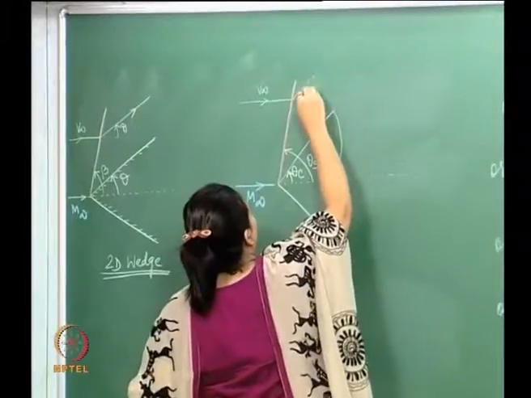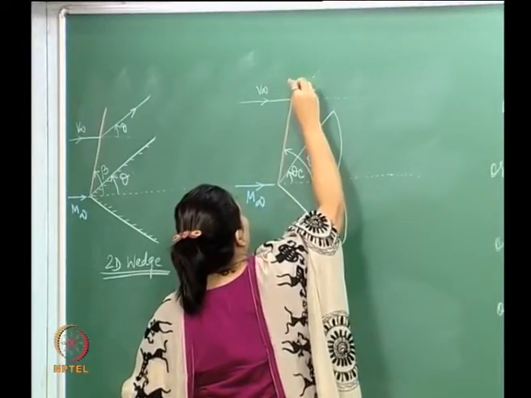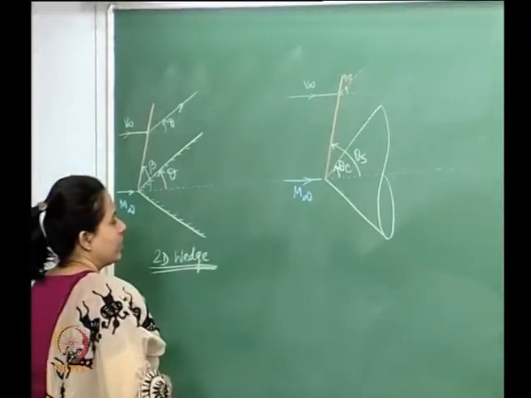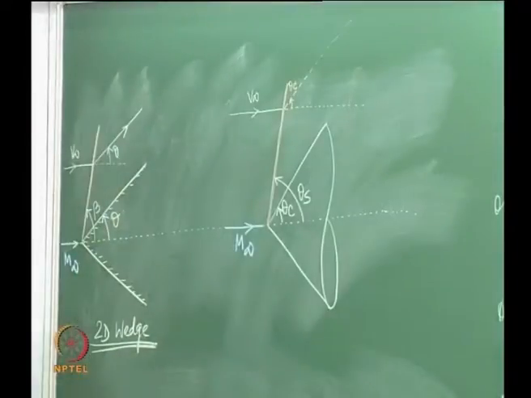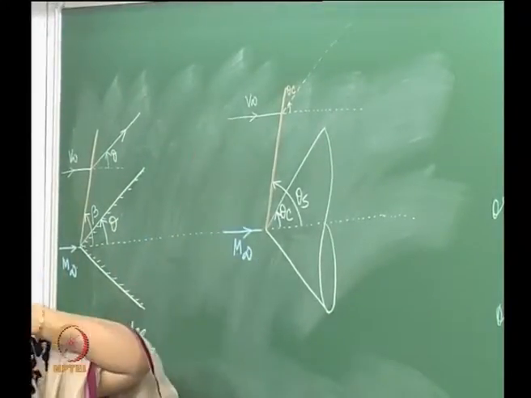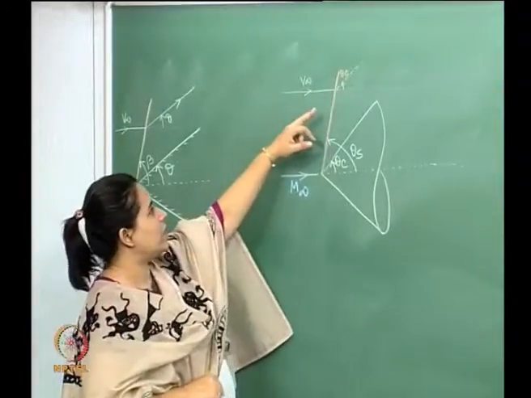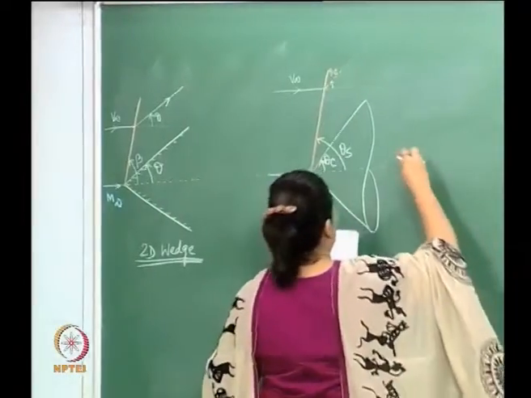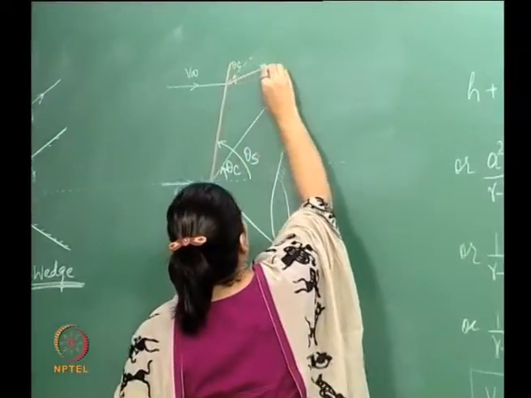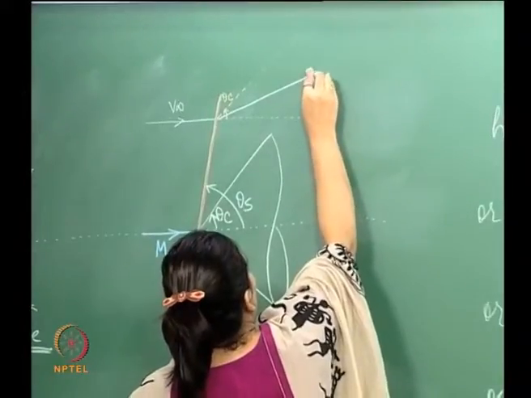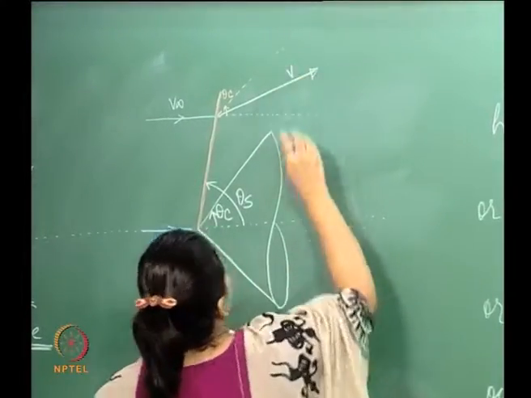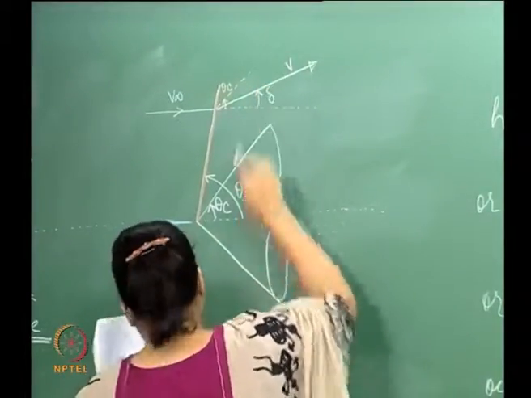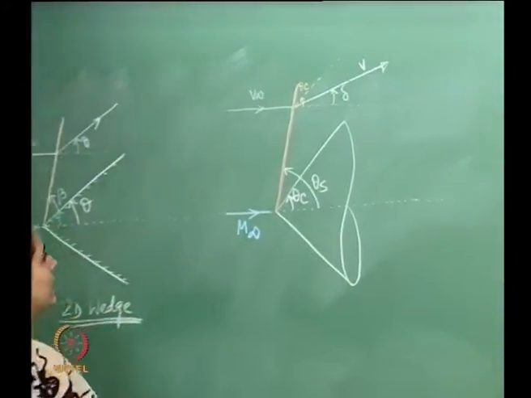And this line is essentially theta c. Now, however, this free stream which comes in over here does not necessarily have to deflect by theta c. So say it deflects like that, and it makes an angle, say, delta.